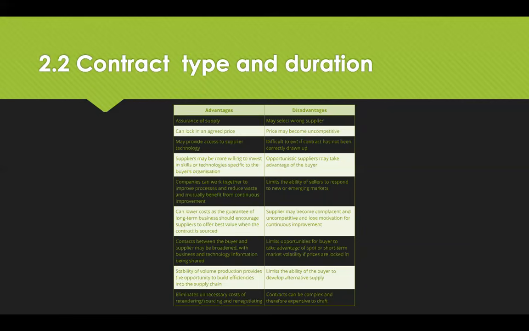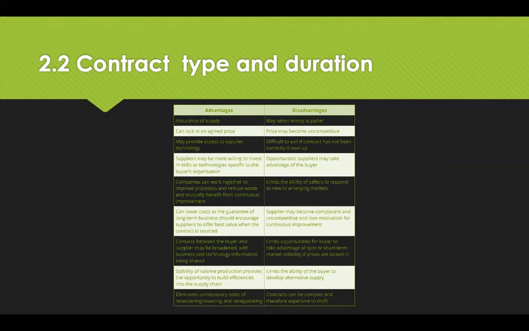So you'll be establishing and maintaining a mutually rewarding relationship with the key supplier, and that can enable an organisation to achieve long-term cost savings by reducing issues in availability, as well as quality issues and delays in supply. However, opportunistic suppliers may take advantage of the buyer and the prices may become uncompetitive.